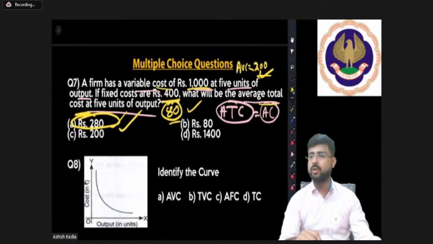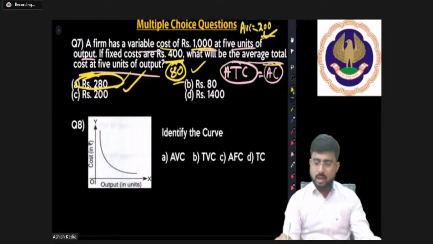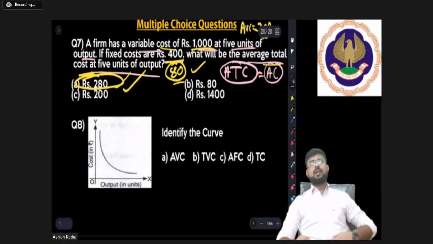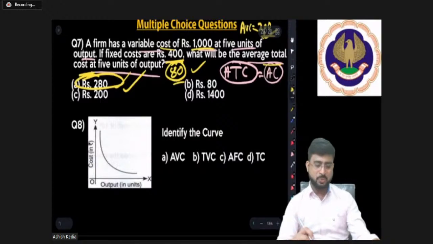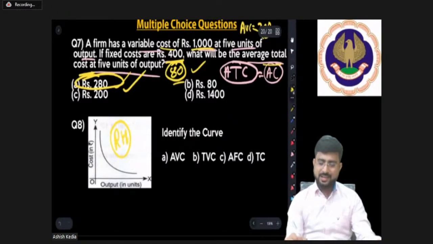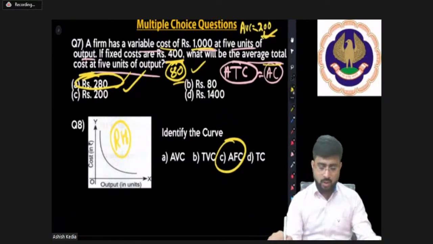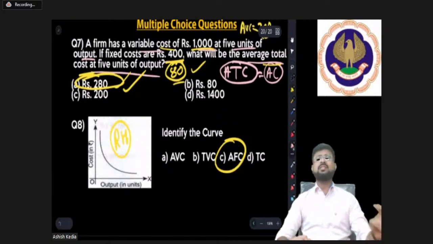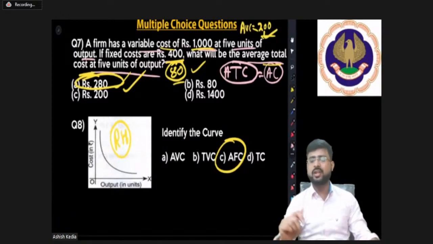Moving on. Next, identify this curve. You people have already answered this question. Fantastic. It's a rectangular hyperbola, the curve shown by average fixed cost. Guys, in your economics journey till now, you have come across two cases of rectangular hyperbola.